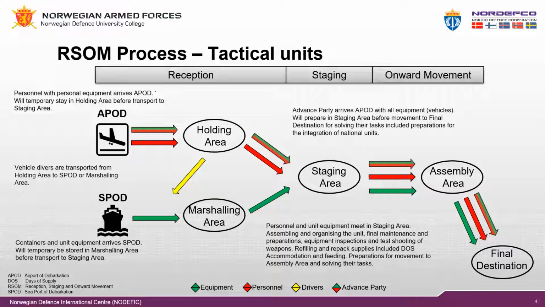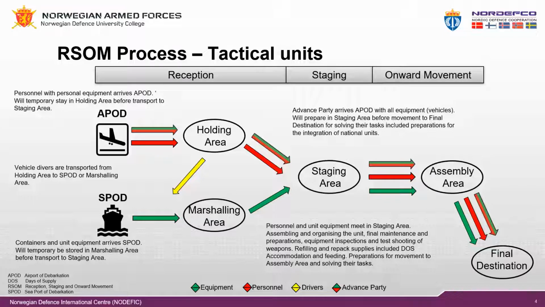The process itself is very simple. In the home country, units are split into transportable packages, personnel, and material. Each will be transported in the most appropriate way. In the theater, these packages have to merge into serviceable units again.